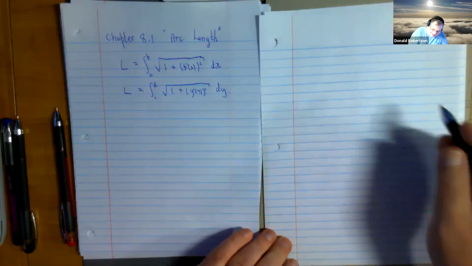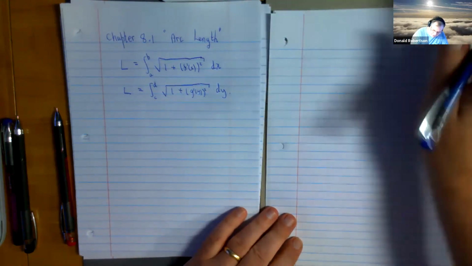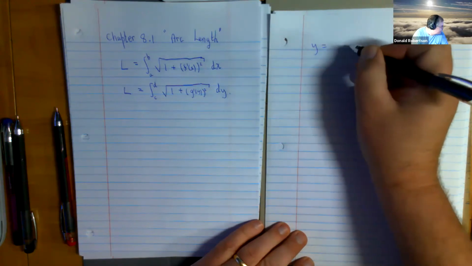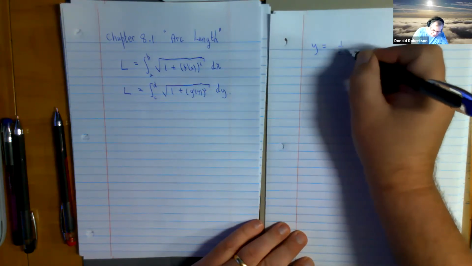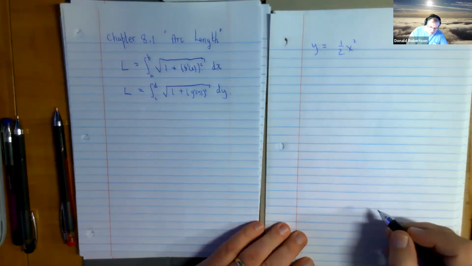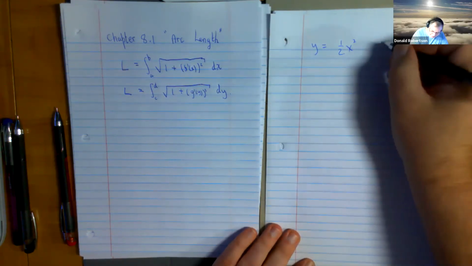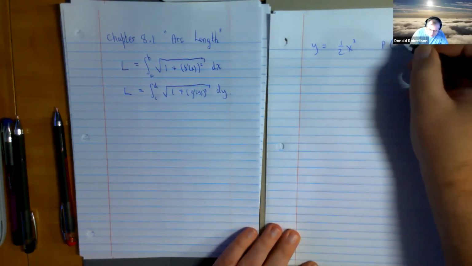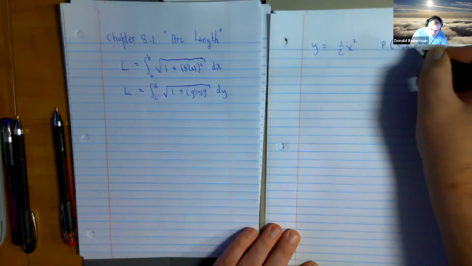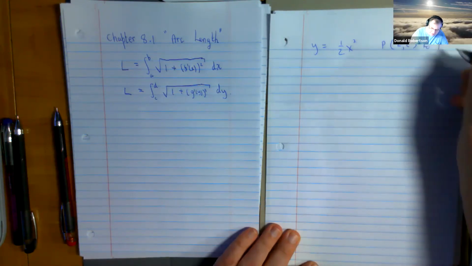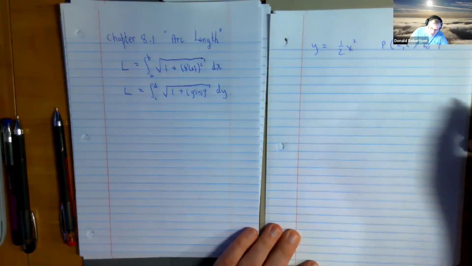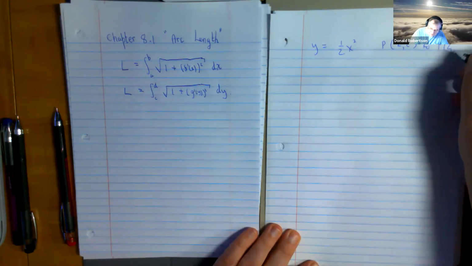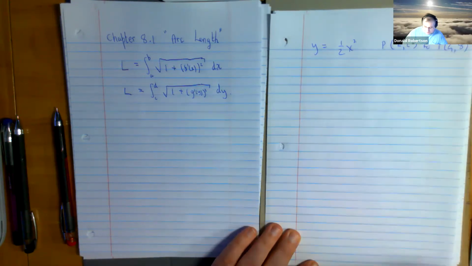Let's show you an arc length question where the information kind of looks like it's missing something. So we have a function 1/2 x squared, and it's going to go from the point 2, 2, and it's going to finish at the point 4, 8.